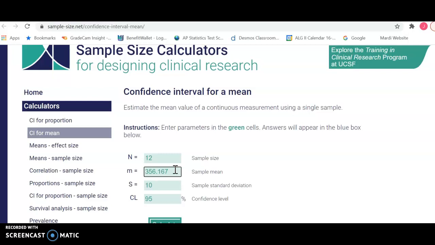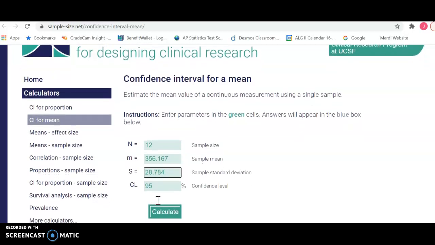Our mean, it won't take all these values, but I'm going to enter them in anyway. 356.167. Well, yeah, it'll only go to 3 decimal places is the deal. Standard deviation, sample standard deviation we found from Desmos was 28.784 to 3 decimal places. And then we're going to use 95% confidence level because they didn't say what to use. So I'm going to hit calculate.